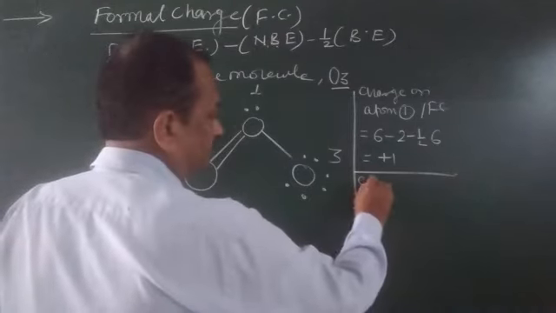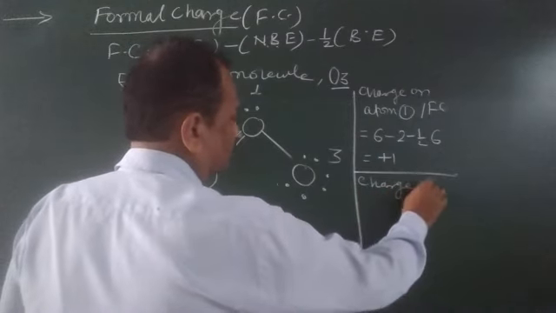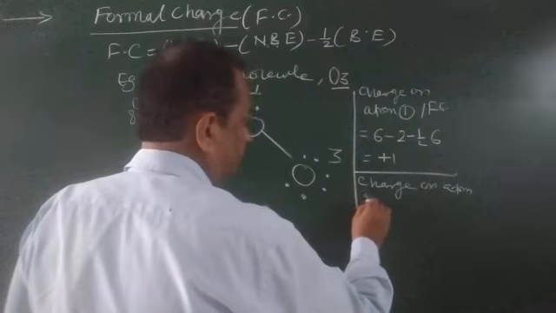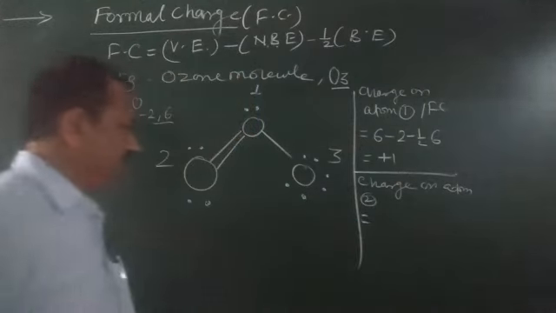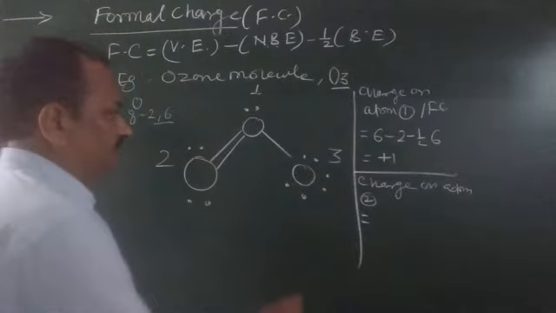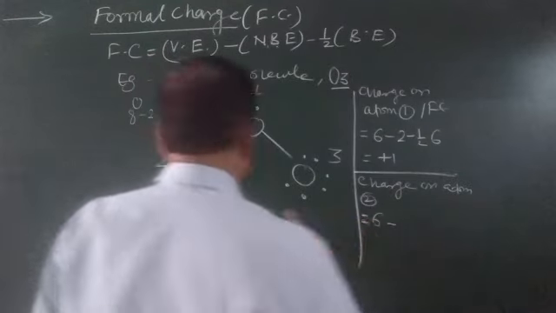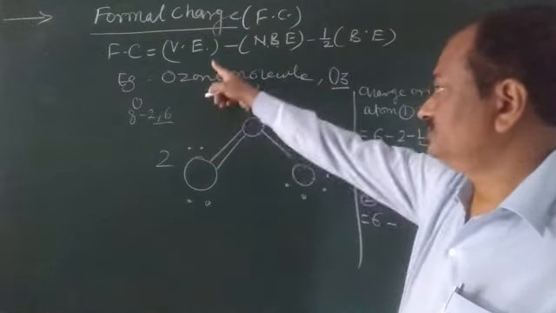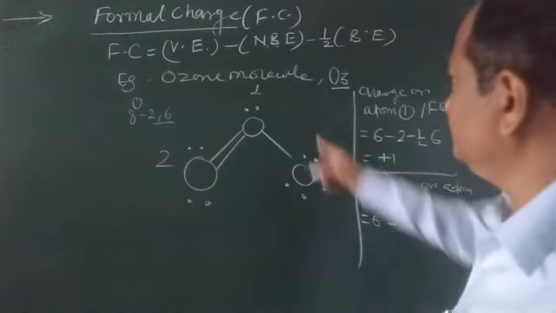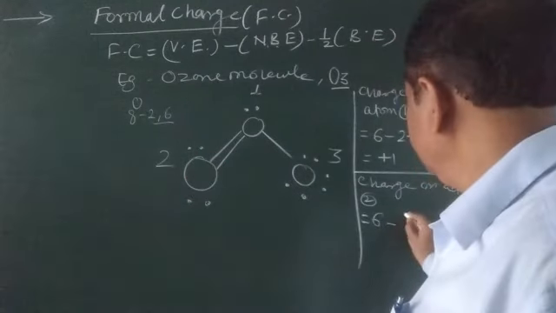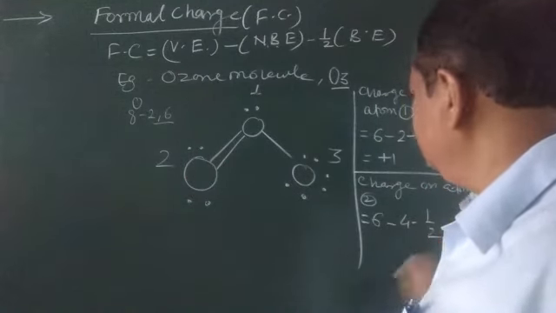Now, coming to charge on atom 2. This atom 2, similarly same condition. So 6 valence electrons, they are 6. Then coming to non-bonded electrons, so 1, 2, 3 and 4. 4 minus half.